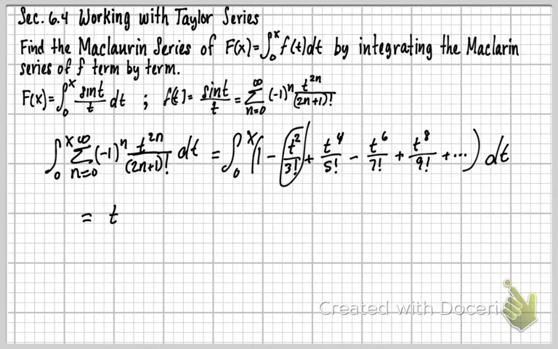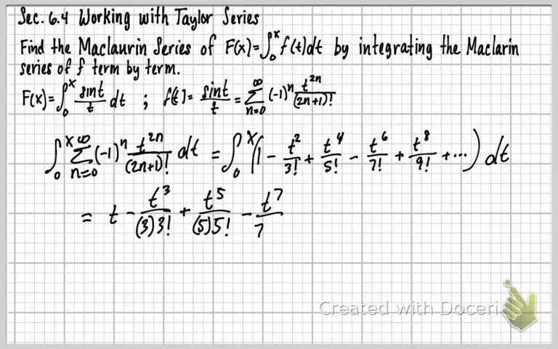And when I integrate this t squared over 3 factorial, that's going to be minus t cubed over 3 times 3 factorial, and then plus t to the 5th over 5 times 5 factorial, and then a minus t to the 7th over 7 times 7 factorial, and then plus t to the 9th over 9 times 9 factorial plus dot dot dot.